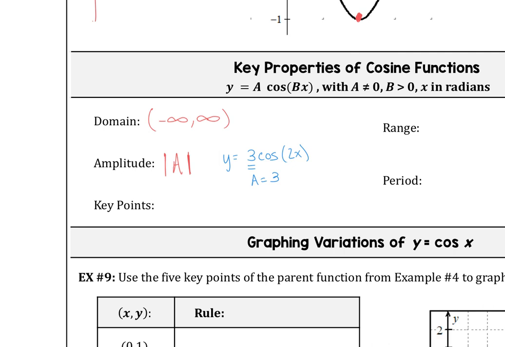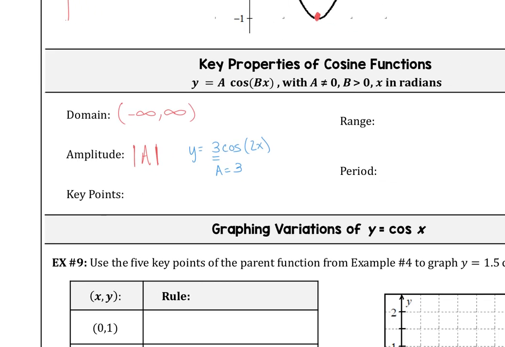The range, just like with the sine function, is going to run from -1 to 1 before any multiplying, since some vertical dilations might exist. But a standard cosine curve is going to range from -1 to 1. And then the period is going to be, again, 2 pi over b.